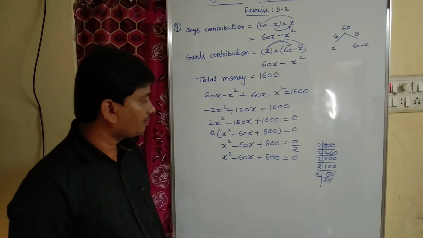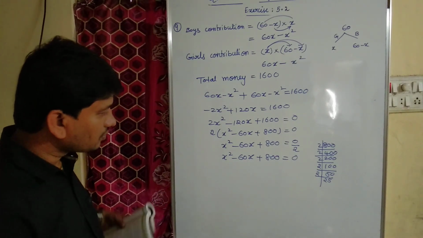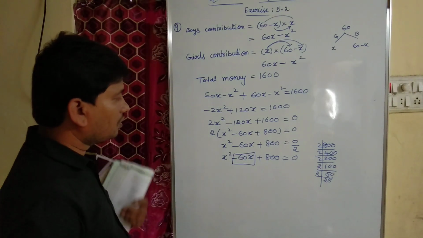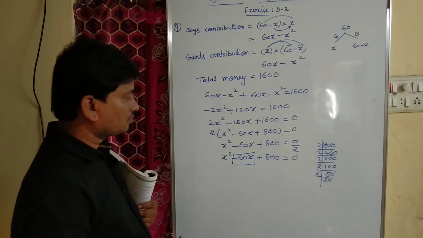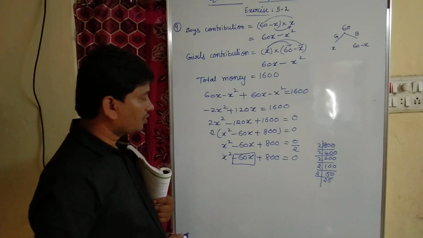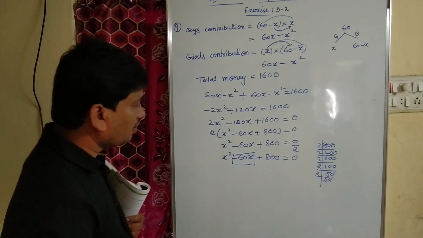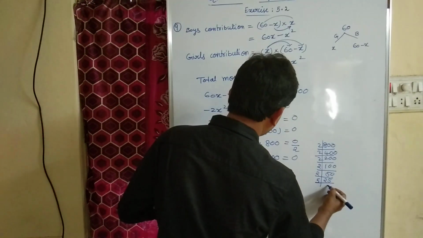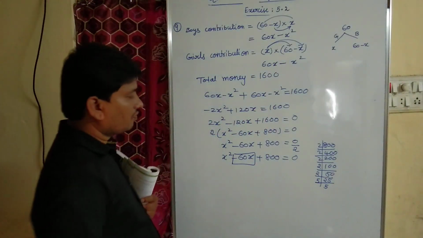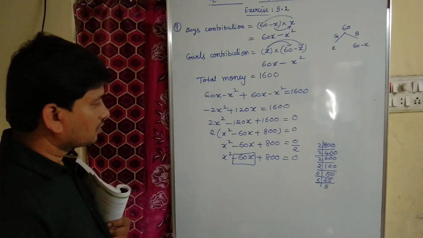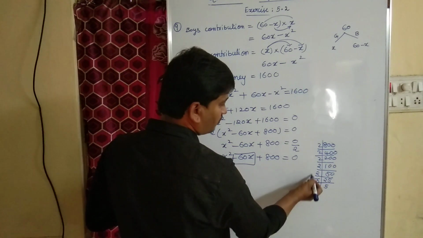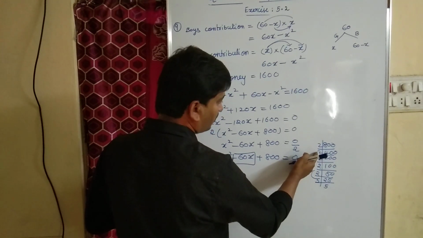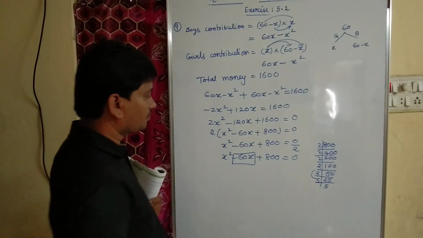So how much should we get? 800, and the middle term is minus 60. 2 2s are 4, 4 2s are 8, 8. 5 5s are 25. 5 2s are 10, 10, 20, 40, 40 2s are 80.